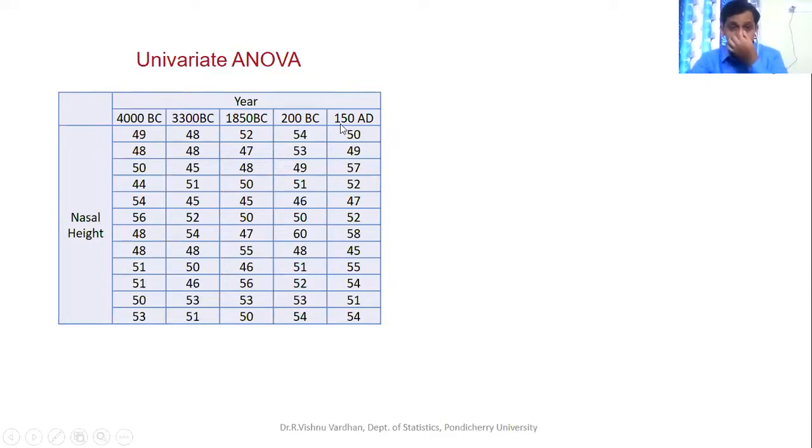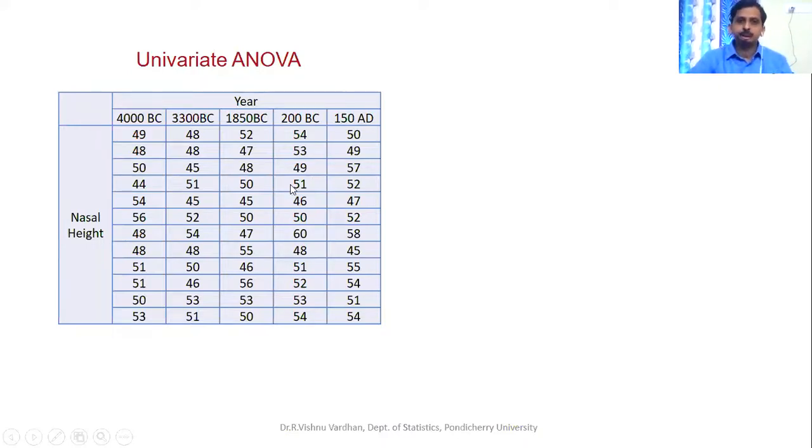Such a design is what we call univariate ANOVA. So far we have taken one variable at hand and started adding factor by factor: first year, two years, three years, four years, five years. This is the extension of the design in terms of factors and populations.